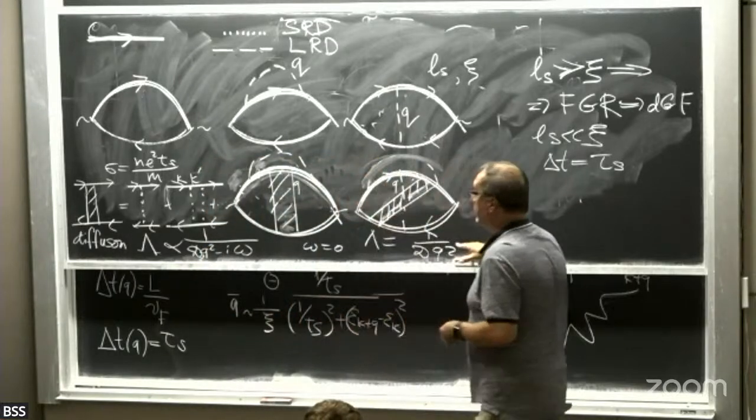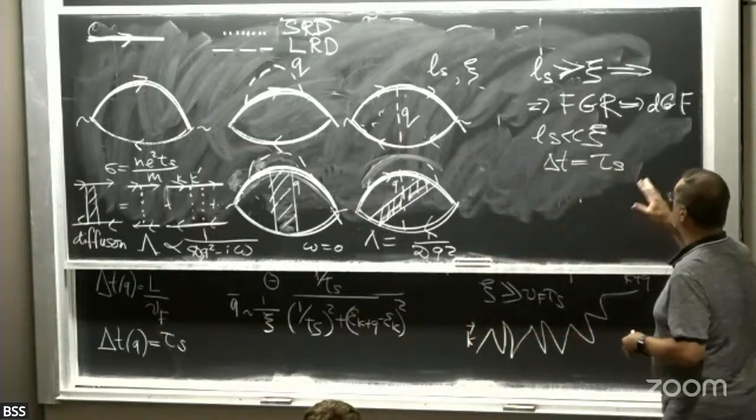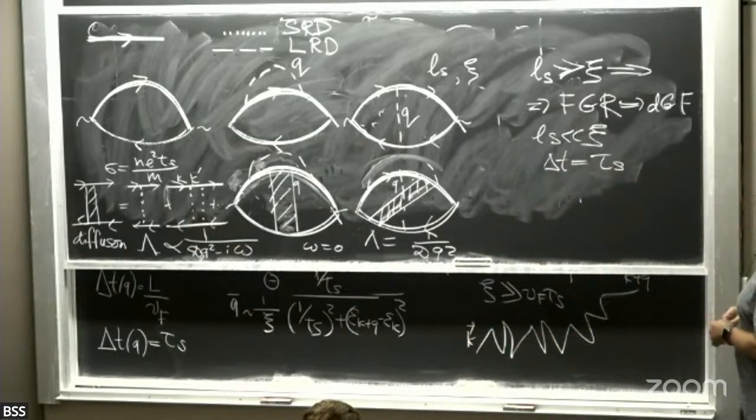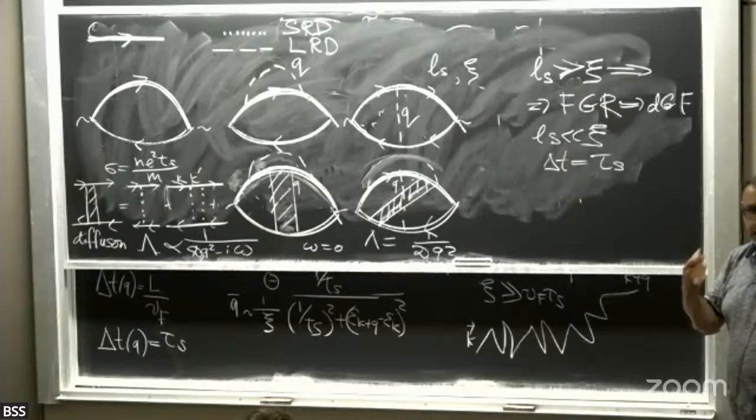So last time I argued that this effect, this resistive anomaly, or the fact that the Hadamard rule is violated, is coming about from the classical memory effect. How can I see it explicitly?